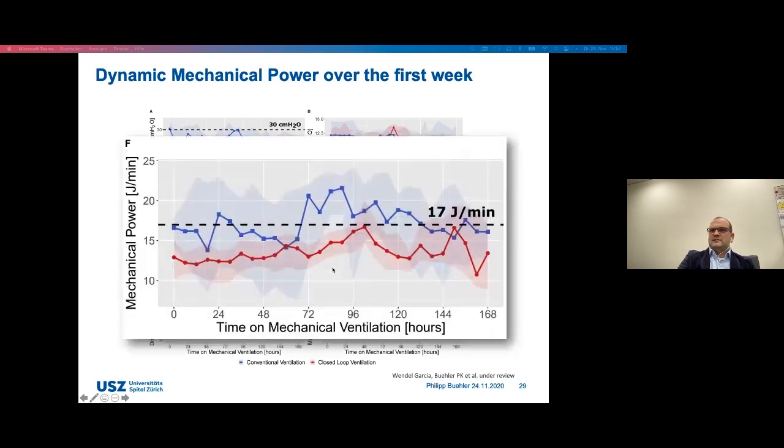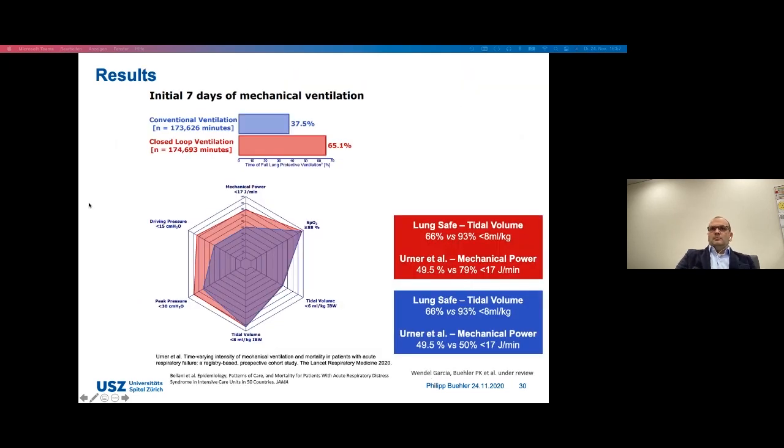And the last one was the mechanical power, which was significantly improved too. If you see this slide, the blue one is the conventional group, and the red one is the closed loop ventilation.